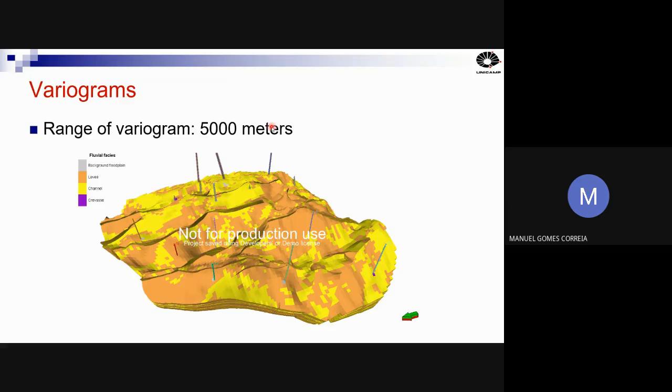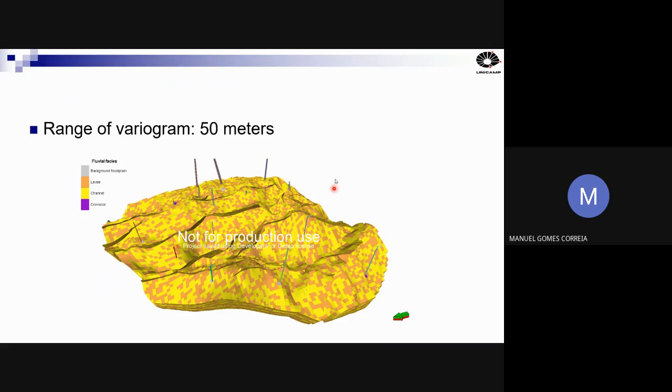This means that between wells, you know that the phases have a correlation, a variability of 1,500 meters, okay? So this is a more homogeneous scenario. And this is a range of variogram of 500 meters, where you have a lot of uncertainty between wells, okay?